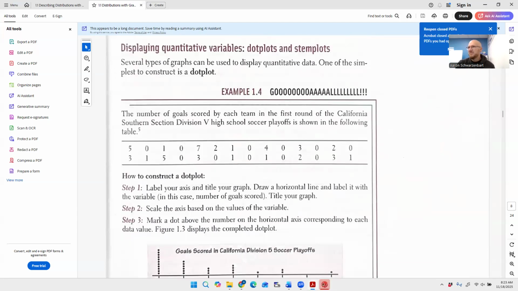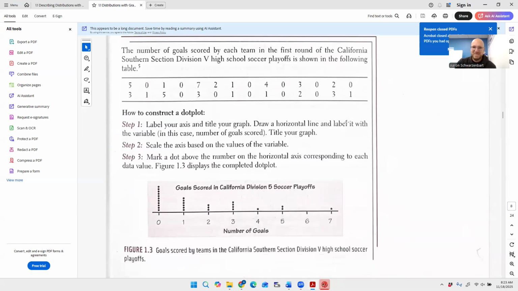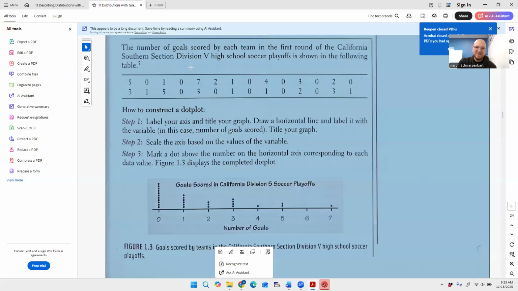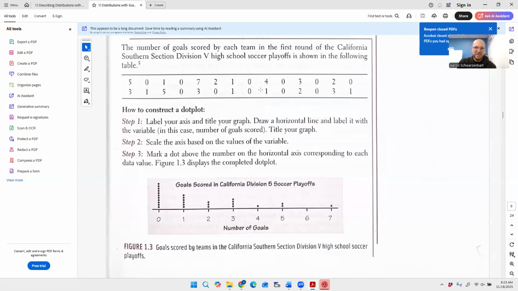Dot plots. Do you guys know what a dot plot is? So this is the number of goals scored in the California Southern Section Division 5 high school soccer playoffs. I believe this is total numbers per game. What does the dot plot show us?